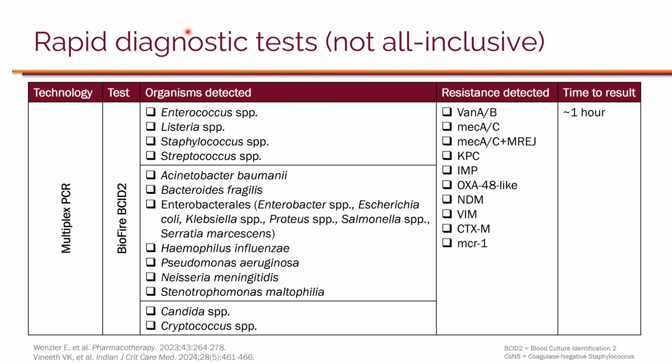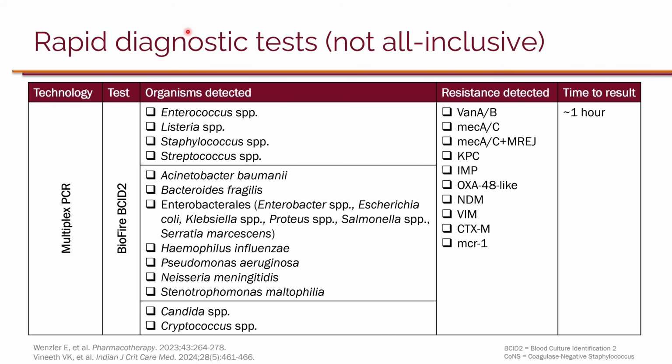Now, if it doesn't detect anything, it could be that there is an infection due to organisms that are not listed here, so it will not detect it. But it is also possible to have a false negative. That is extremely rare because these tests, as PCR, have extremely high sensitivity. So the probability of a false negative is extremely rare, less than 1%.